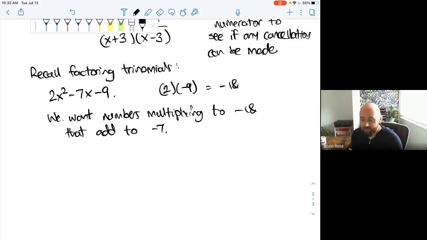Okay, numbers that multiply to make negative 18 and add to make negative 7. Does anyone know what those are? If you're awake. 9 and minus 2. Everyone agree?